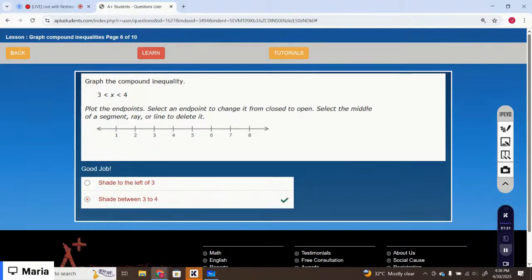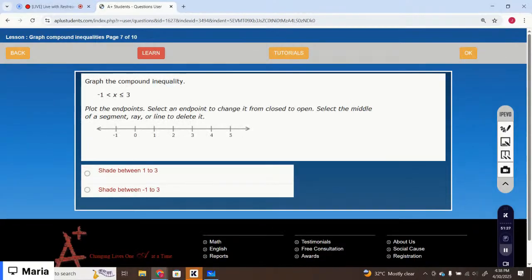Option number 2 is the correct option. That is shade between negative 1 to 3. Option number 2 is the correct option.